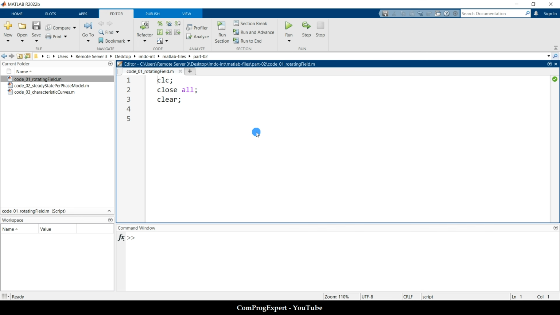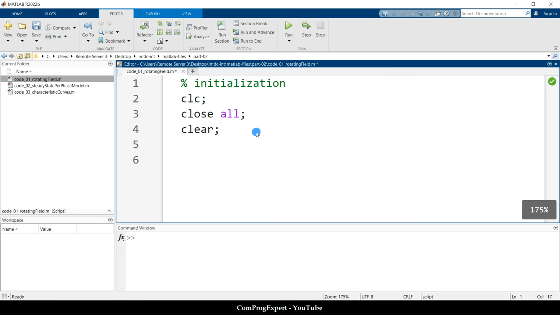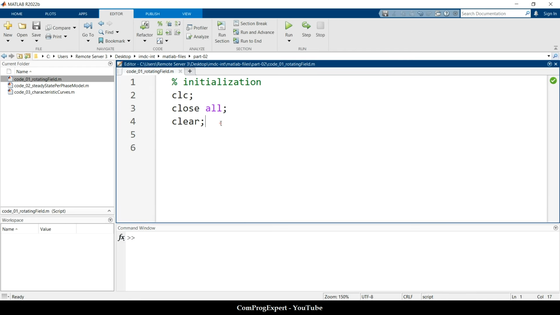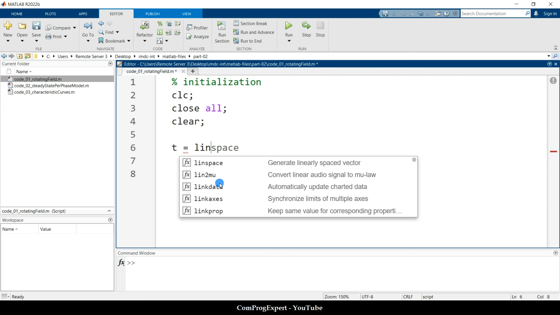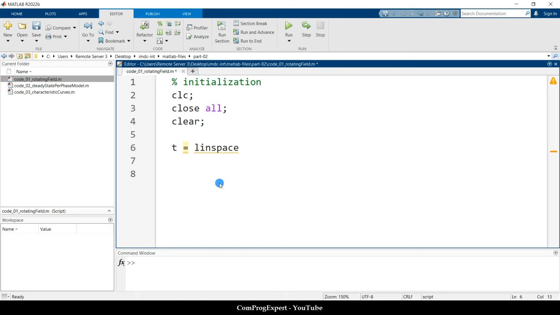This is the initialization of the code. I am going to plot also the stator and rotor laminations to have a good visualization. Here, let's define T as a circumferential coordinate system from 0 to 2 times pi.